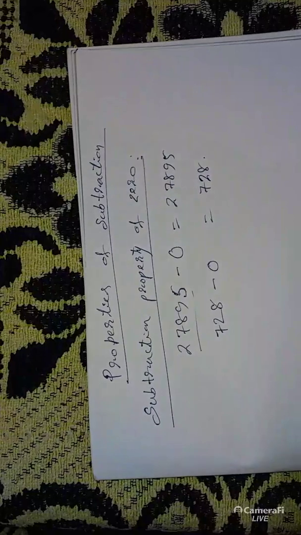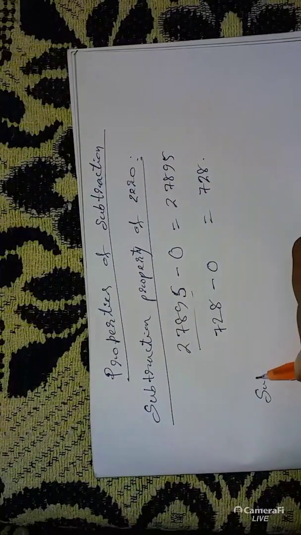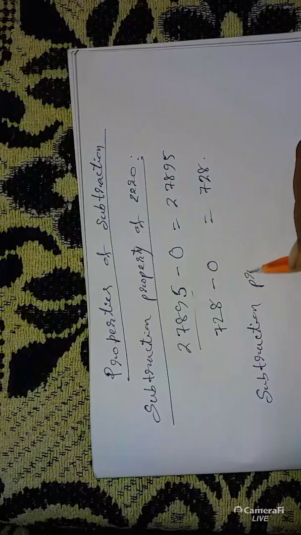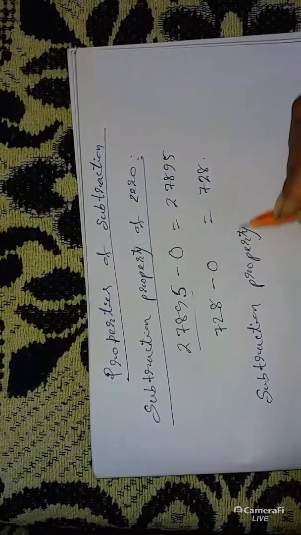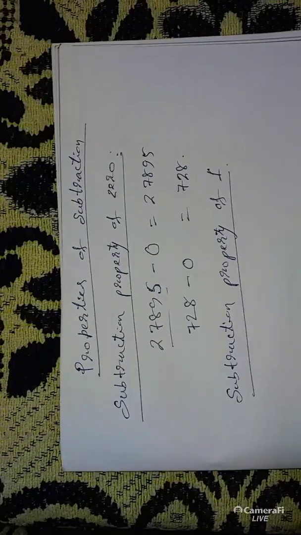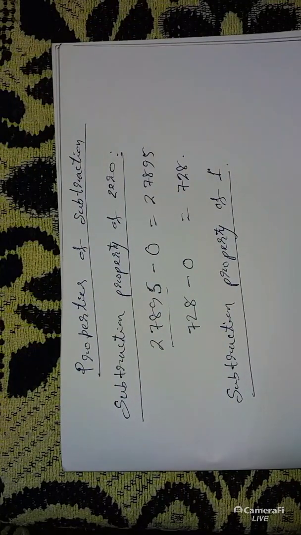Now, subtraction property of 1. If we subtract 1 from any number, then we get the previous number, that is the predecessor of the number.